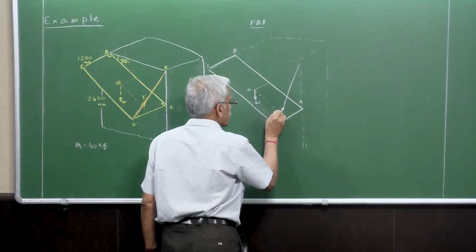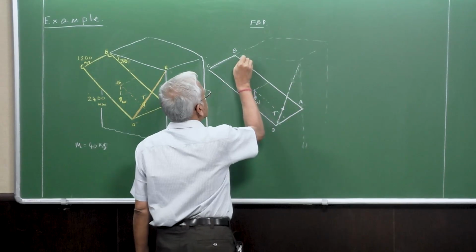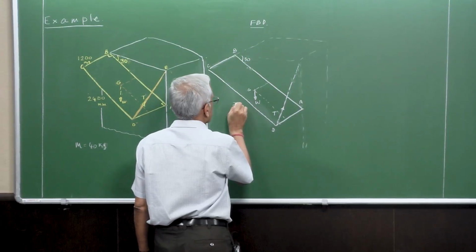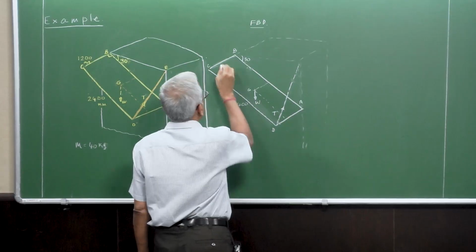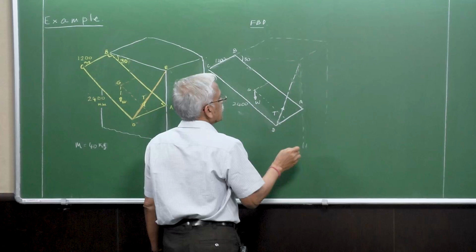So this is the tension of the rope, and this is 30, this is 2400, this is 1200, and so on.